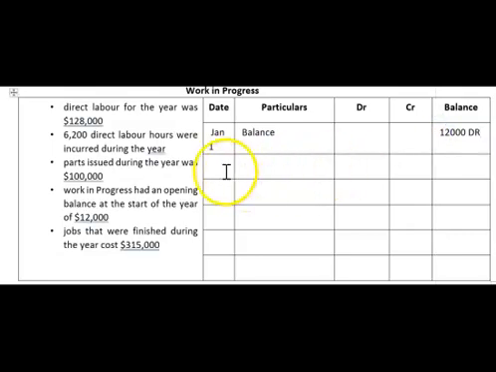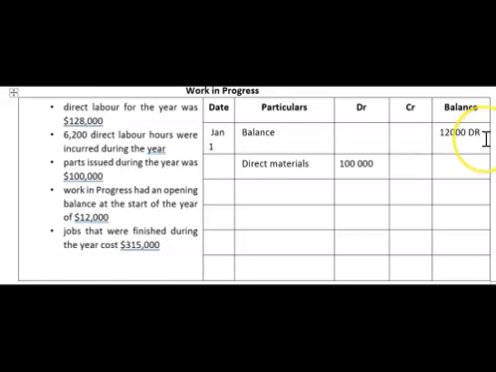So we write 12,000 and it will always be a debit balance. Then we transfer materials that are being used in that particular job, the direct materials being used. And if it's being transferred, it will go in the debit column. If you look at the question, these were the parts for that mechanic that he has used during the year. So it comes to 100,000.